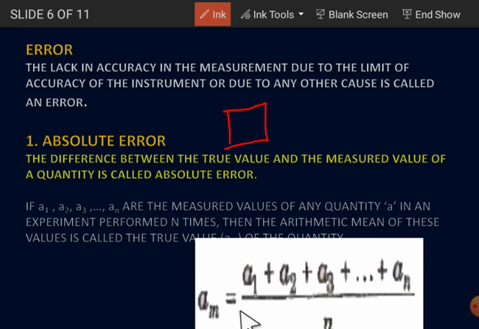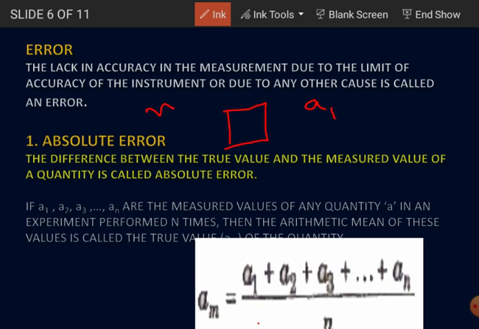Mean means the average value of all those different measurements from different experiments. How many times do you measure the mass of this given body? You measure n times, and in the first measurement you get the mass as a1. It may be mass, or length, or area of any given body.